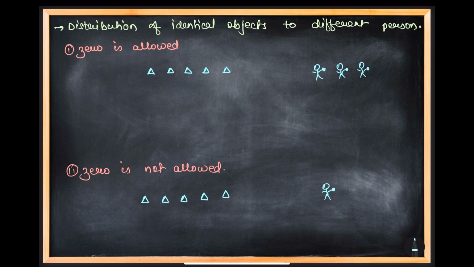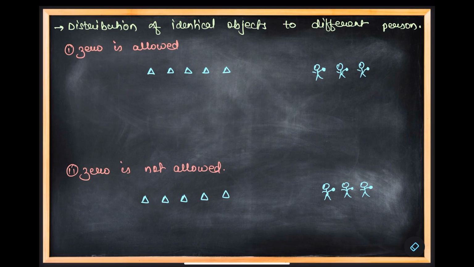Now look at the approach, how we will handle this situation. So first, you know that you have to distribute identical objects to different persons. So this is the object and this is the person.